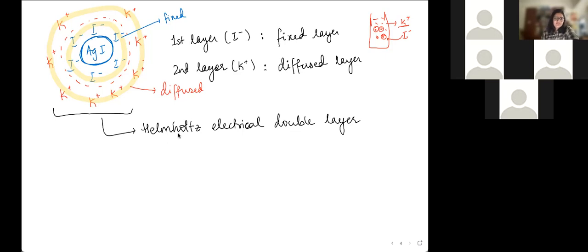If you come across Helmholtz electrical double layer, we're talking about colloids where this sort of thing is formed. Colloids are charged particles, they attract oppositely charged particles from the dispersed medium. So you have an electrical double layer, two layers of charged particles. That's why electrical double layer. Helmholtz is a person who worked on this.